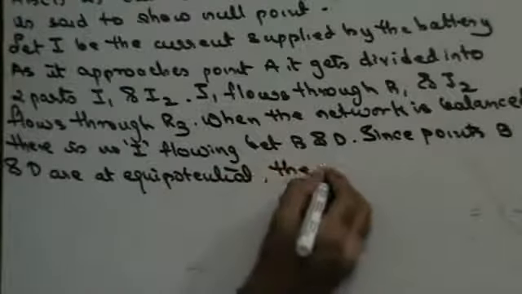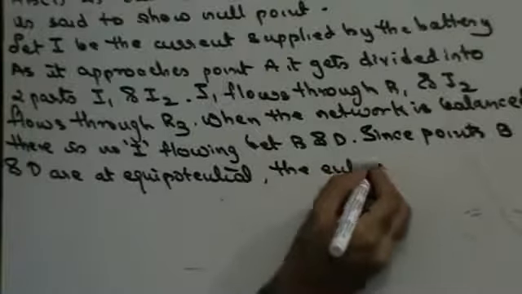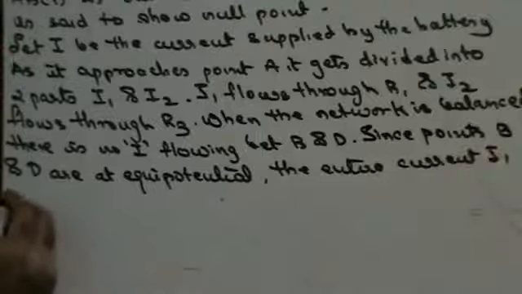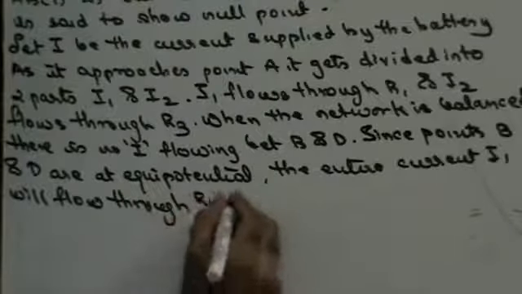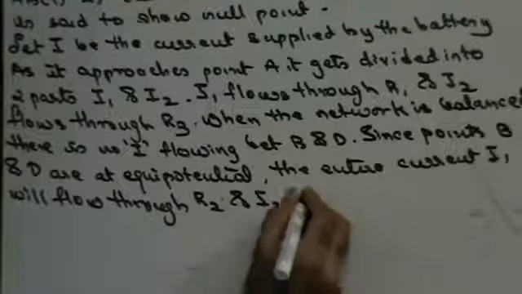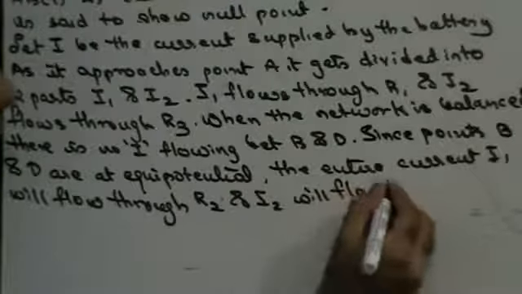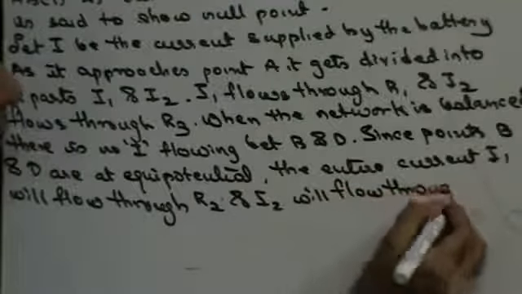The entire current I1 will flow through R2 and I2 will flow through R4.